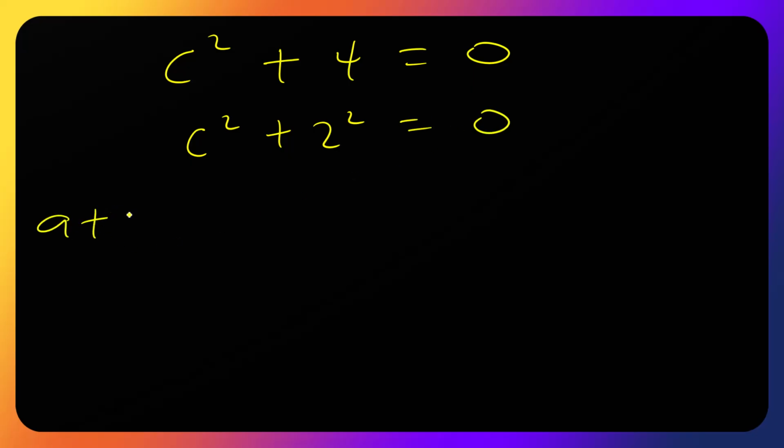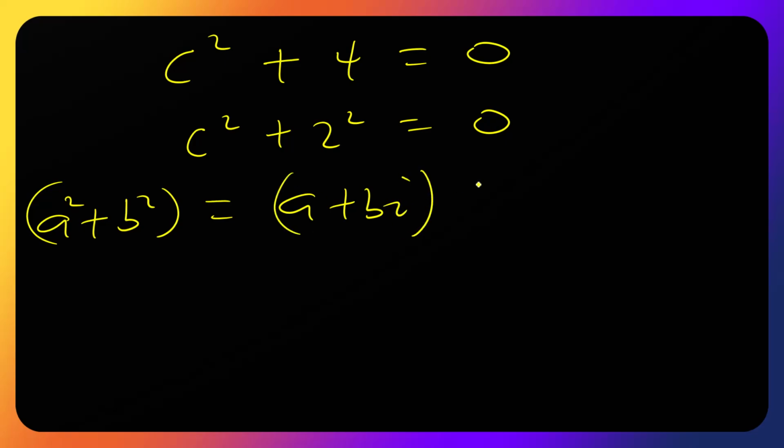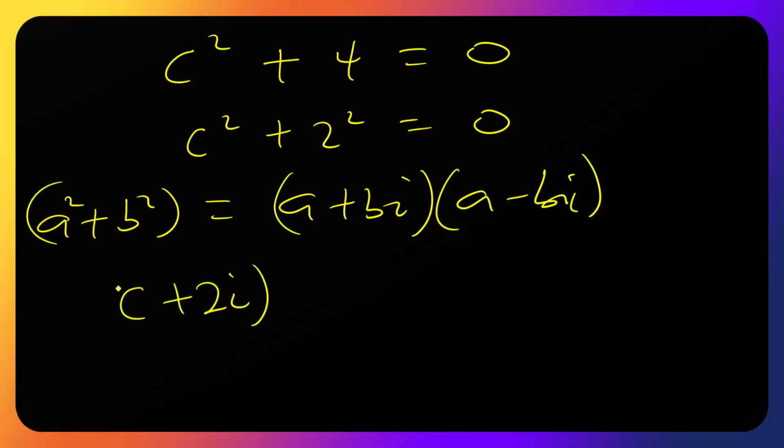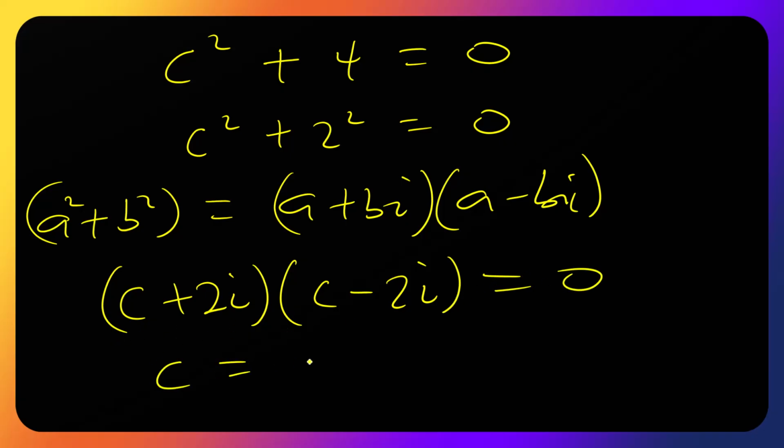Now a squared plus b squared is the same as a plus bi times a minus bi. So this will be c plus 2i, then c minus 2i equal to 0. So c equals minus 2i, and the other will be plus 2i, which will be plus or minus 2i.